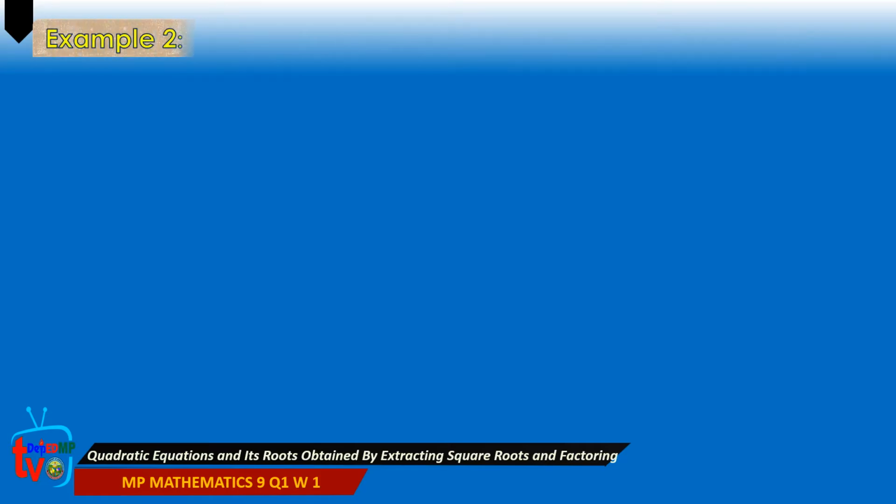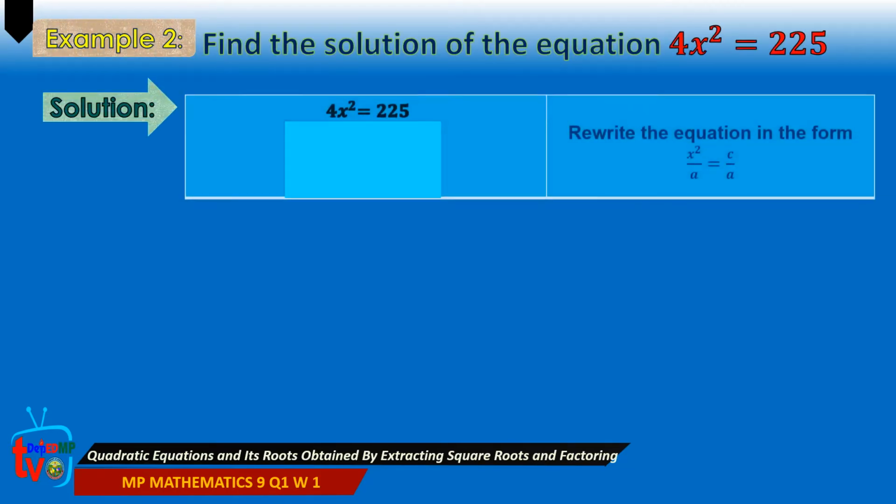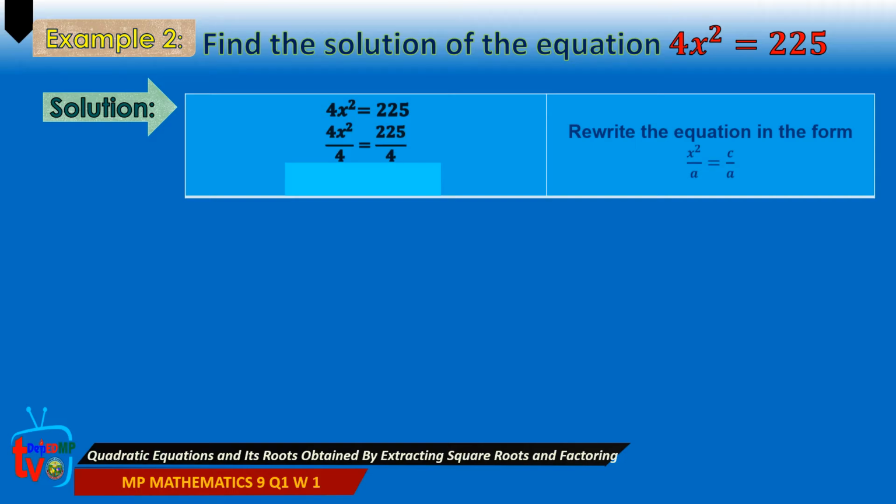For example 2, we need to find the solution of the equation 4x squared is equal to 225. So first, we are going to rewrite the equation in the form x squared is equal to c over a. Since the value of a is 4, we have 4x squared over 4 is equal to 225 over 4.